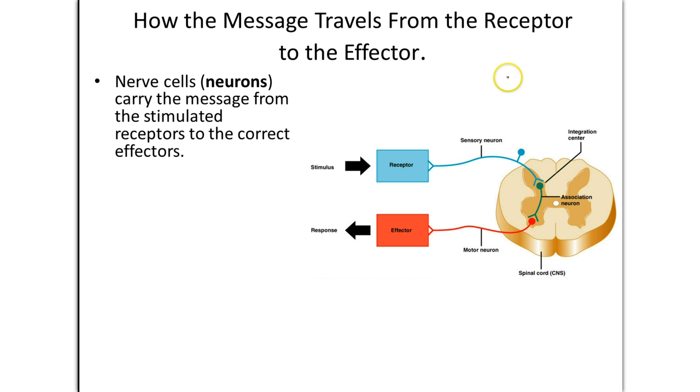So, in the case of reflexes, how is that different? Okay, let's take a look at that picture again, where we look at the stimulus, receptor, sensory, and here we go to that integration center. Instead of it being in the brain, it is now in the spinal cord. It's going to go to the motor neuron and then exit.